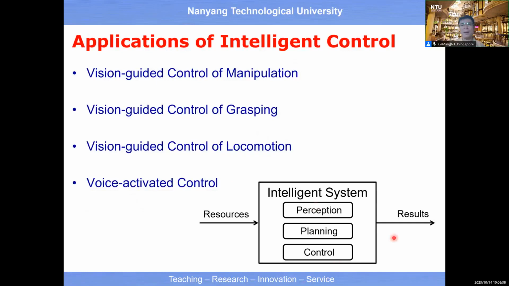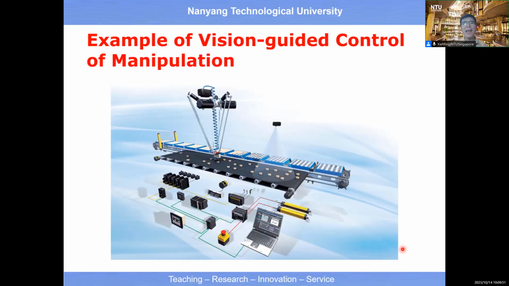And from here, you see the three basic modules involved inside the outer control loop, which include perception, planning, control, right? Okay. And this is a typical setup where the perception is vision, and the planning is inside the brain, then control, then you take action, right?